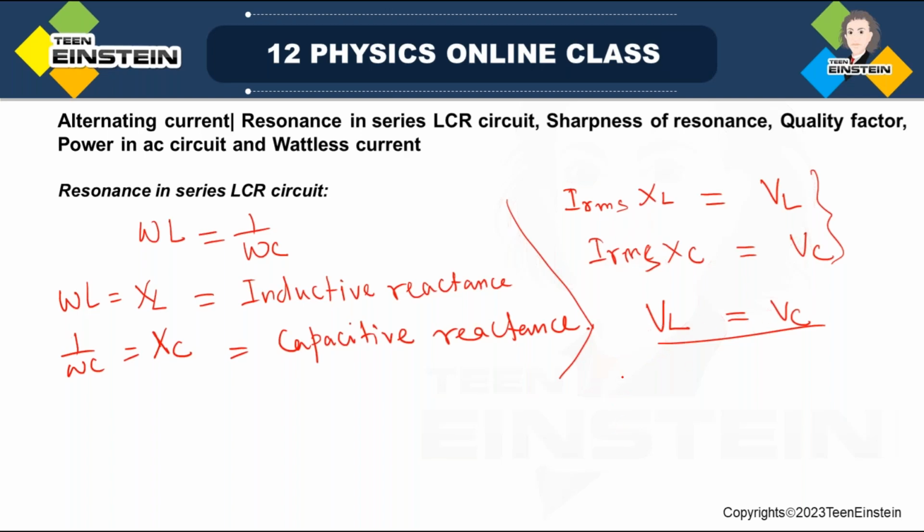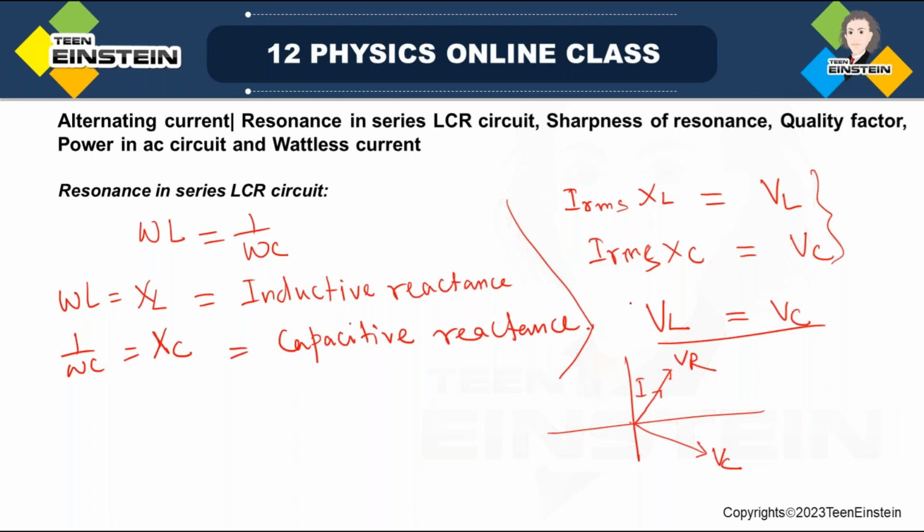If you remember the phasor diagram, suppose this is current and voltage, both in the same direction. So VR is along this direction. Current and the voltage drop across the resistor are in the same direction, no phase difference between them. This is VC, and VL is exactly in the opposite direction.